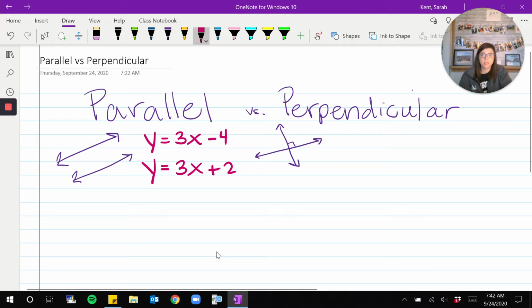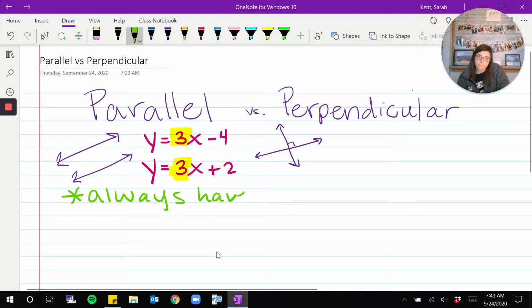Something is similar about these equations: these two lines have the same slope. Parallel lines will always have the same slope. If their slopes are not the same, the lines are not parallel.